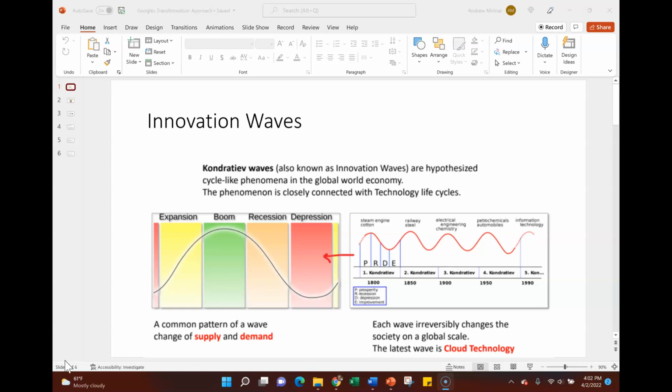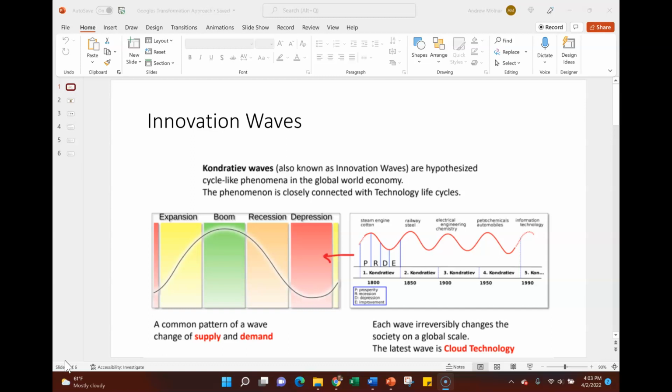Right, this is a long-term economic cycle indicated by periods of evolution and self-correction brought about by technological innovation that is going to result in a long period of prosperity. Now, these waves, hypothesized, are cyclical-like phenomenon that represent the global world economy.